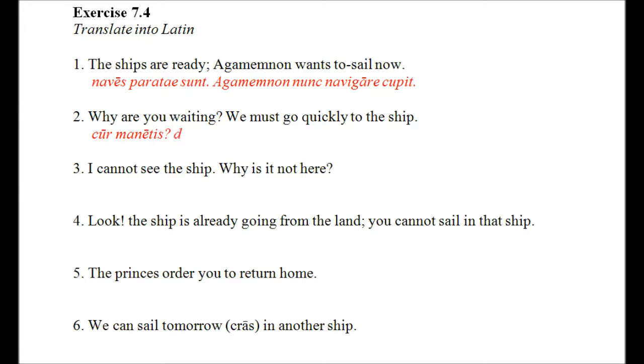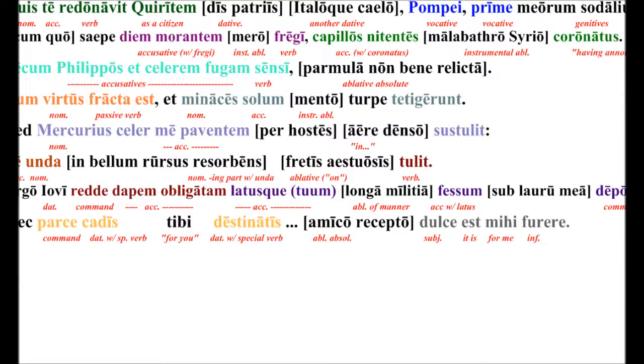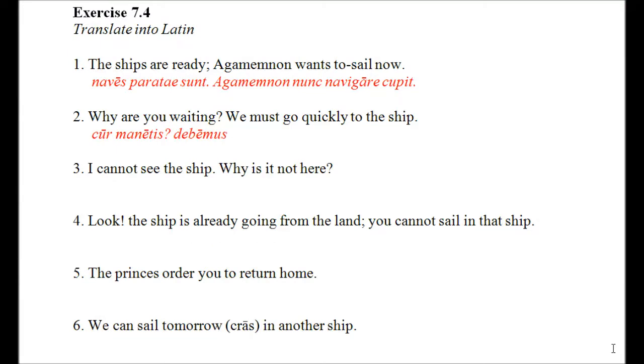We must go. Debeo, I must. Debes, debet, debemus, we must. Do you see what we did? Let's reorder it. If you used the Yoda version, which you should use when you're working on it, it probably says, we ought to go.